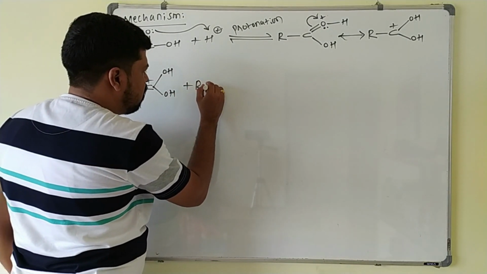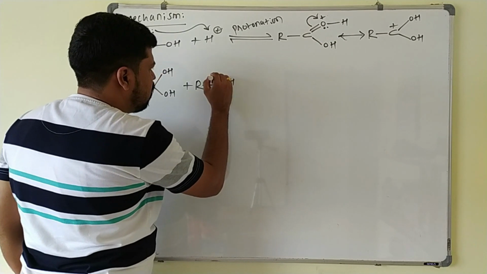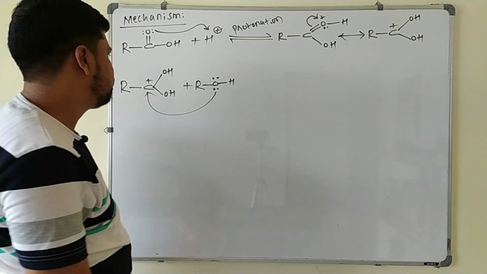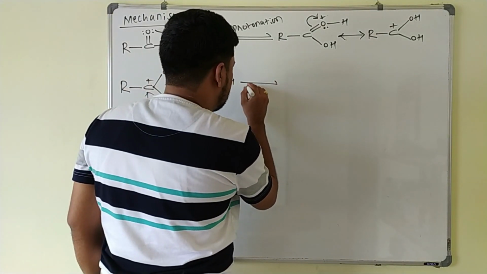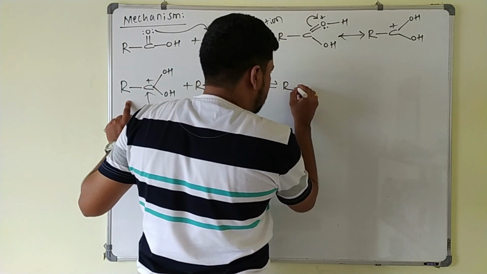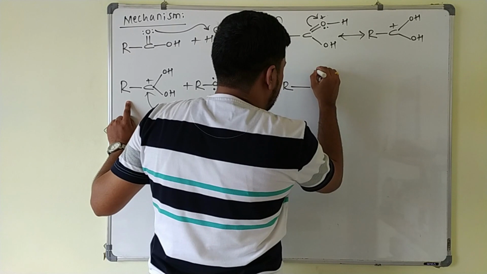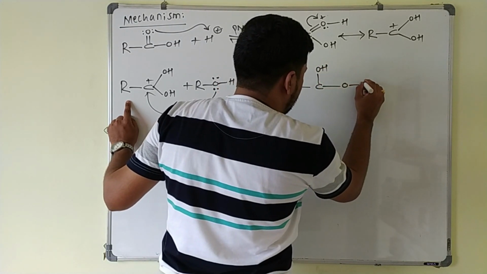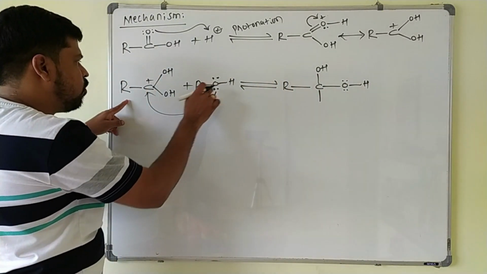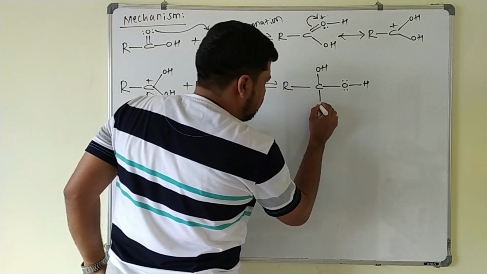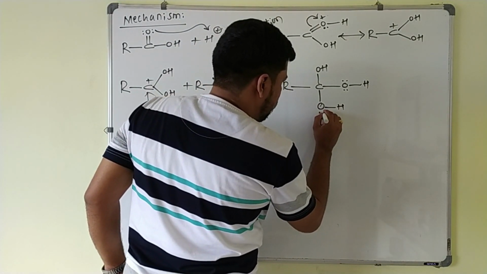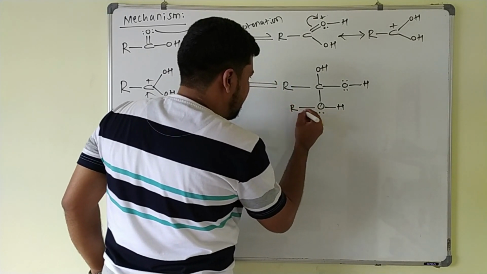Now in the alcohol, the lone pair of electrons on the oxygen will attack this carbocation. So what you will get here, a tetrahedral intermediate is formed: R C, and this will be OH, and here another OH as it is, and here this oxygen is forming a bond with carbon, and next it is connected to one hydrogen, one lone pair of electrons, and it is connected to one alkyl group also.